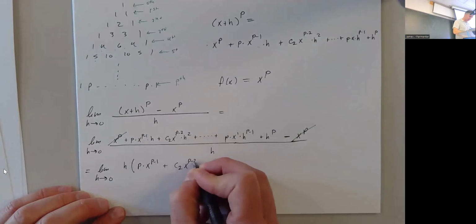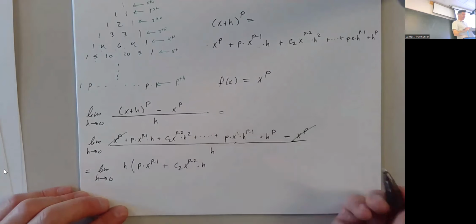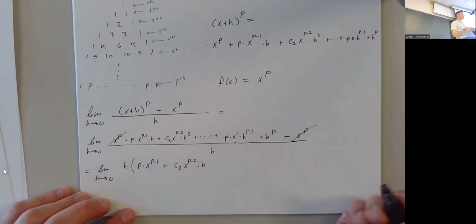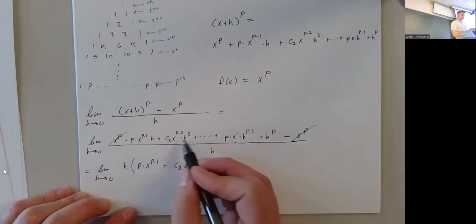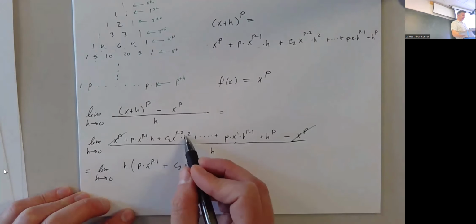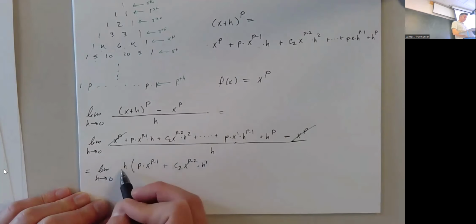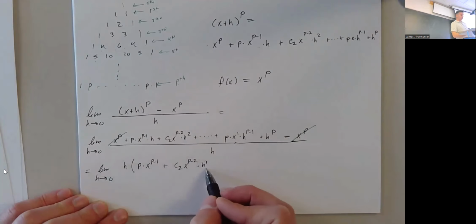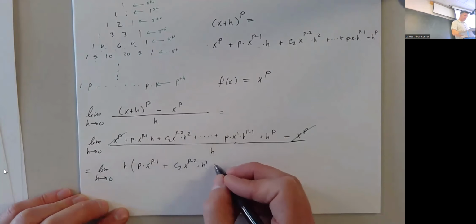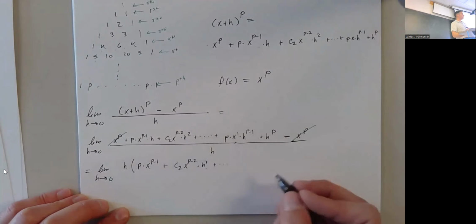to the p minus 2 times h to the what? If I'm dividing out h, I'm going to have an h to the 1. Because if you distribute this back through, h times h to the first is h to the second. Bunch of other terms with higher powers of h.